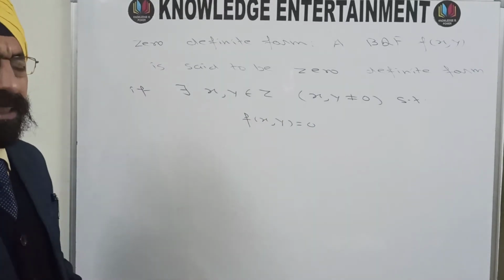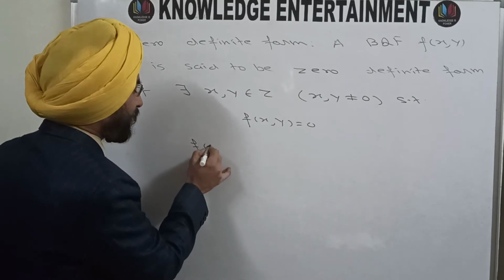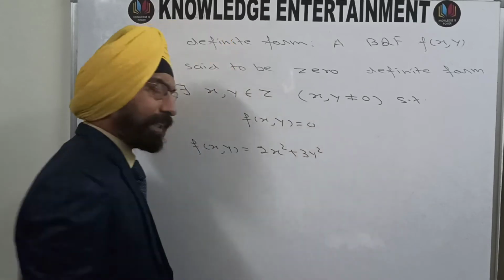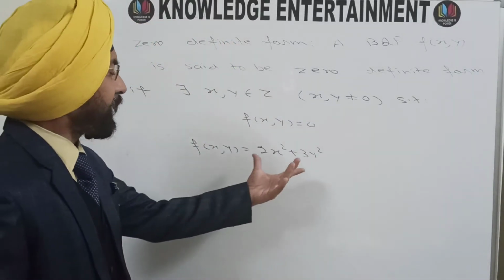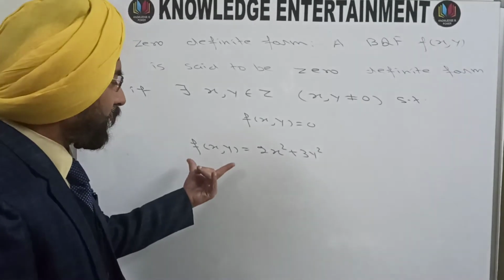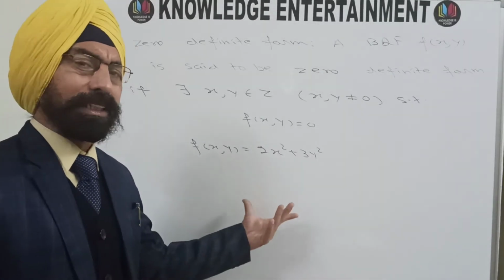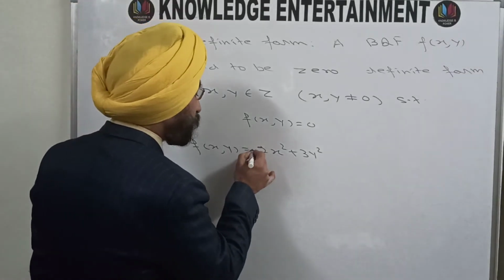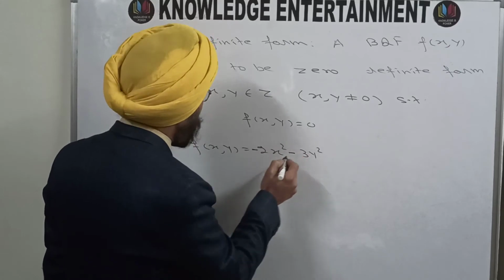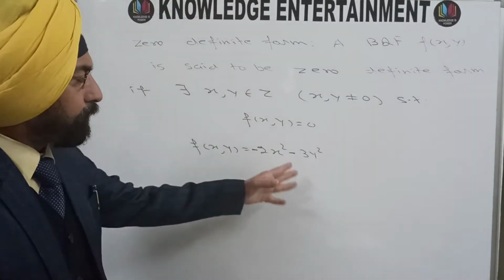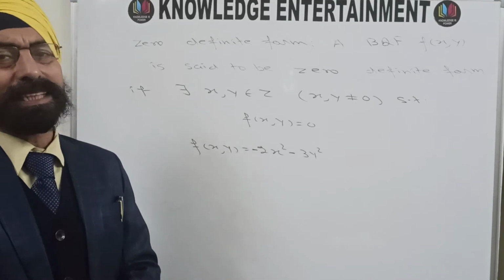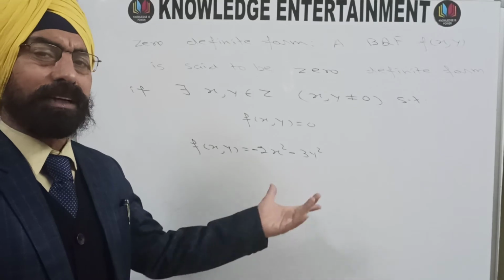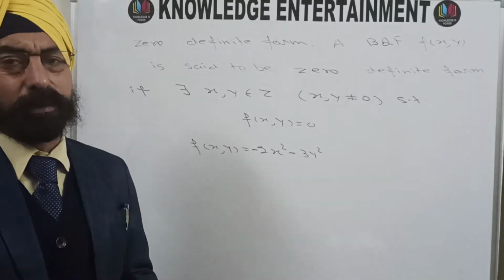So it is the definition of zero definite form. I am giving you the examples also. For example, if you take f(x,y) = 2x² + 3y², then it is positive definite, because whatever the values of x and y you substitute here, the value of f(x,y) will definitely be greater than 0. And if I replace both the positive signs by negative, f(x,y) = −2x² − 3y², this is an example of negative definite form, because now whatever the values of x and y you substitute, the value of f(x,y) will be negative.